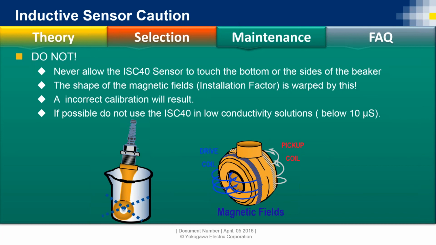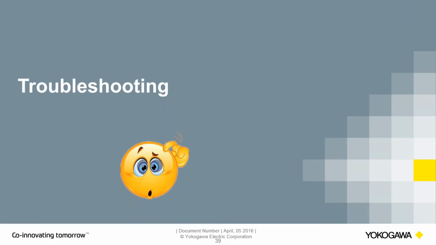The best thing that I can say with inductive, if you don't do air cal, literally just stick it in your pipe and do a calibration in place in your pipe. Whether it's got a sample that's running through there, you can do a sample cal, or if it's dry, do an air cal inside your pipe, because then the analyzer will auto-correct that installation factor, that cell constant, what we call, that's on that sensor, to what the pipe process around is also doing to the field. So that is our personal best practice of it.